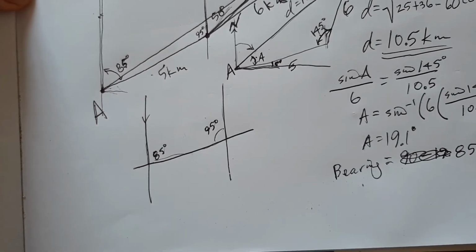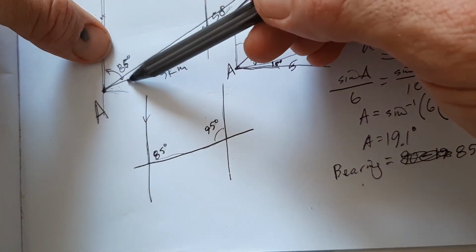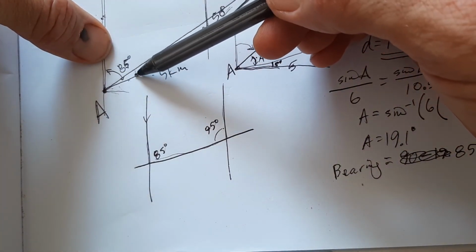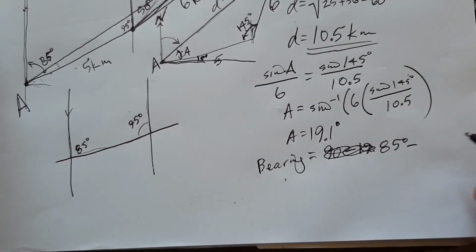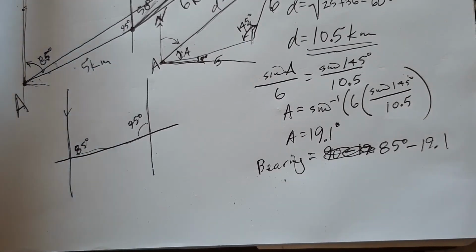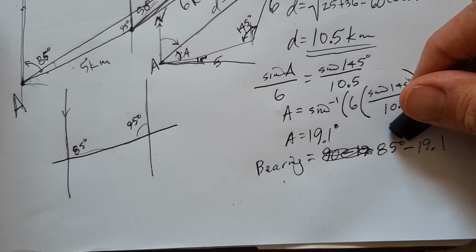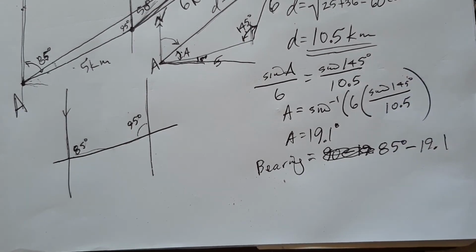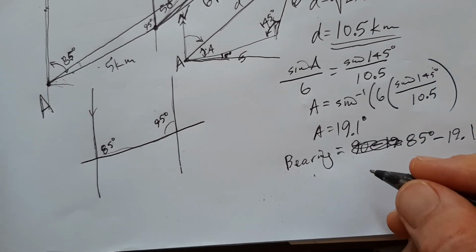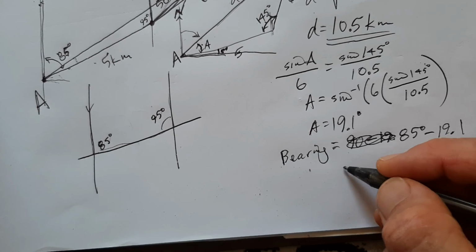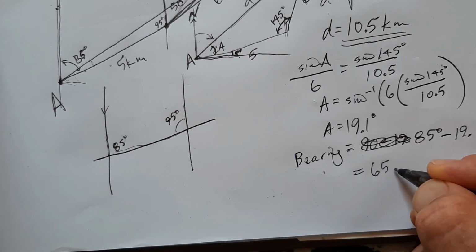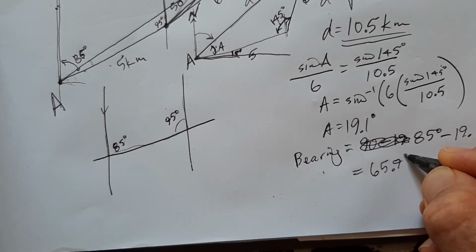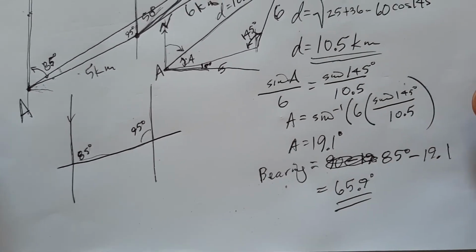So 85 all the way to here, and then this angle we calculated now is 19.1. 85 minus 19.1, if I took away 20, it'd be 65, so 65.9. A bearing of 65.9 degrees.